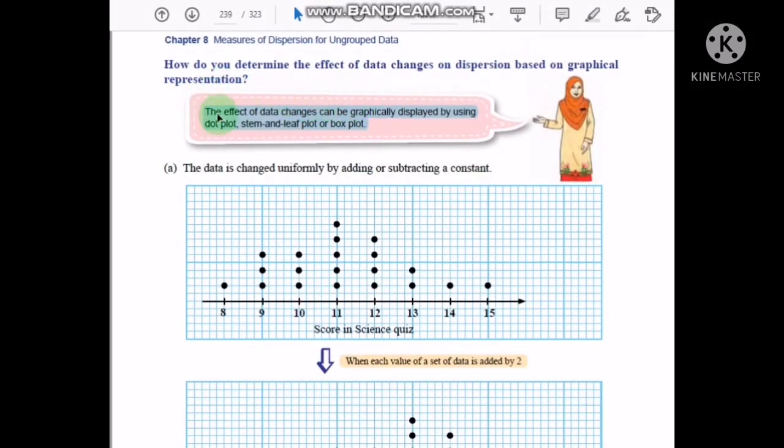Now look at here. The effect of data changes can be graphically displayed by using a dot plot, stem and leaf plot, or box plot. Look at A. The data is changed uniformly by adding or subtracting a constant. This is the original data.